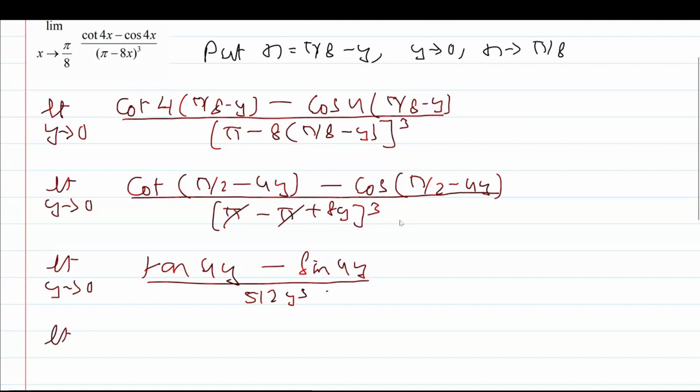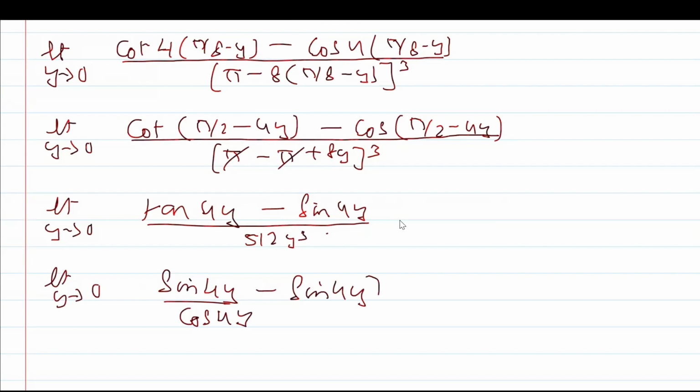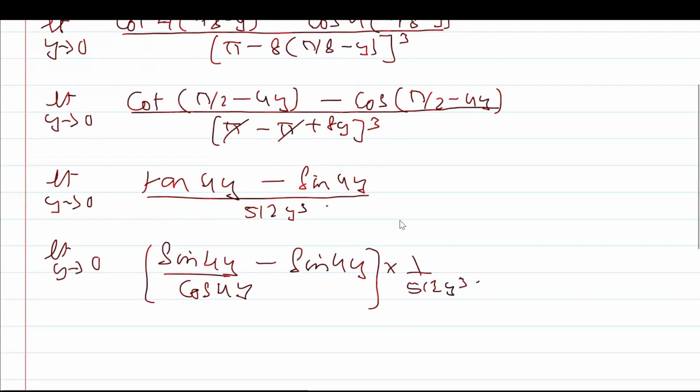Next we have limit y tends to 0. I'm going to split this as sine over cos. So tan can be written as sine 4y over cos 4y minus sine 4y, and this is 1 over 512 y raised to the power 3.